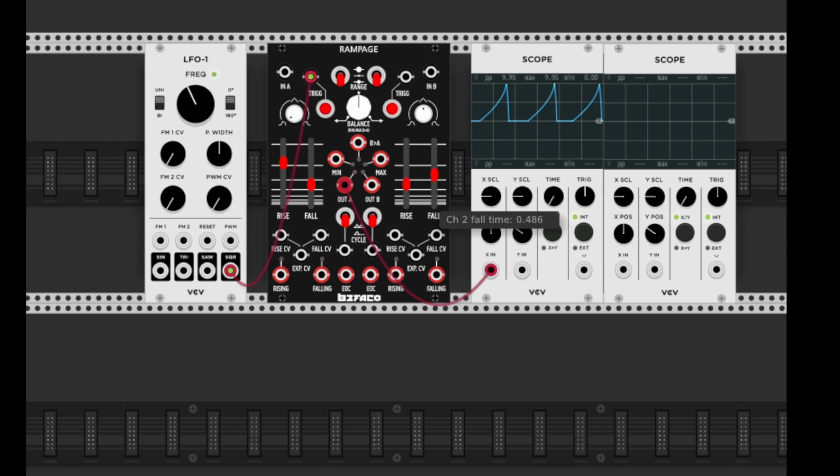Let's try it this way. I have a trigger. I make it slower a little bit, and I feed the output of the left envelope generator, the left unit, in the X input of the left scope. We have the blue line here, and the output of the right unit to the Y input.